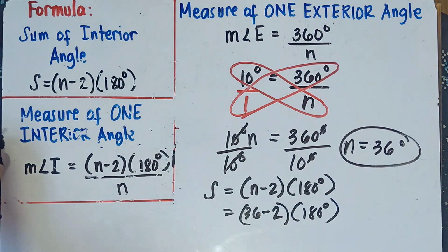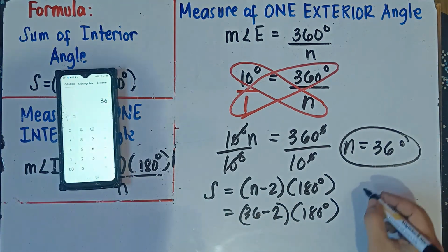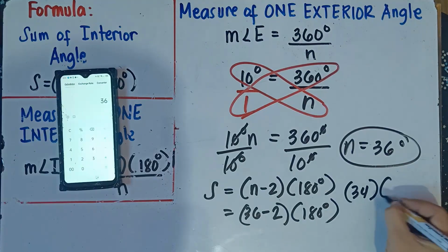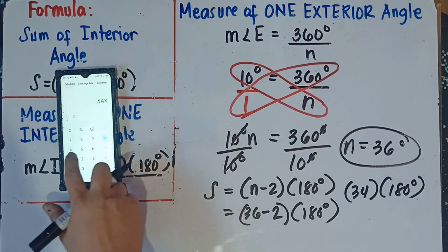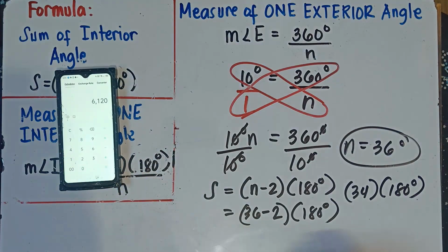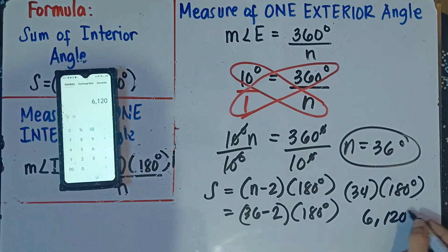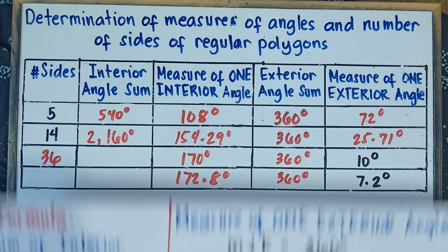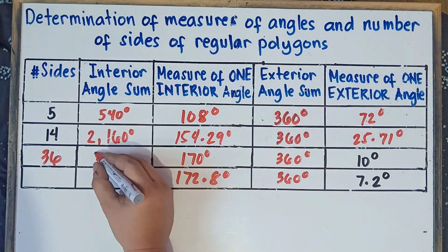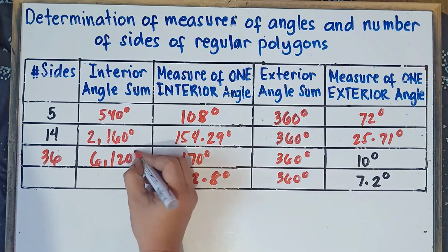Simply use your calculator. 36 minus 2, of course, would be 34 times 180 degrees. So 34 times 180. The answer is 6,120 degrees.